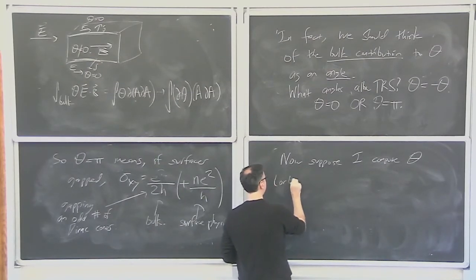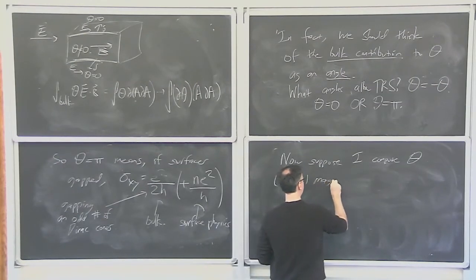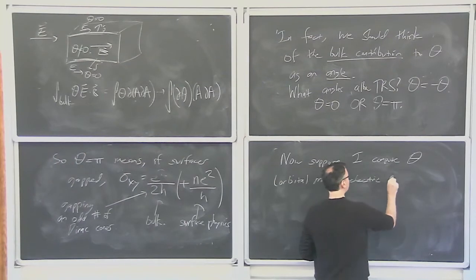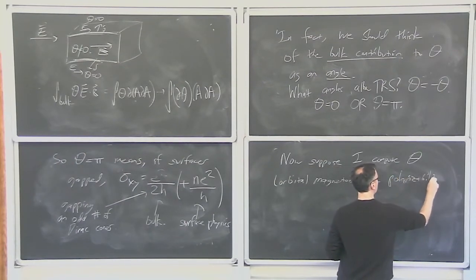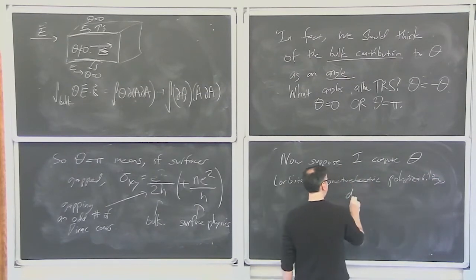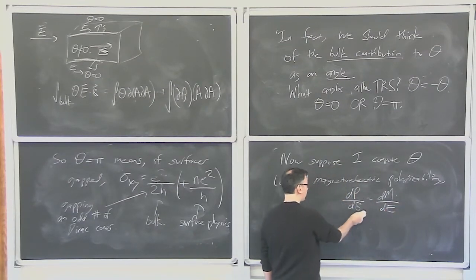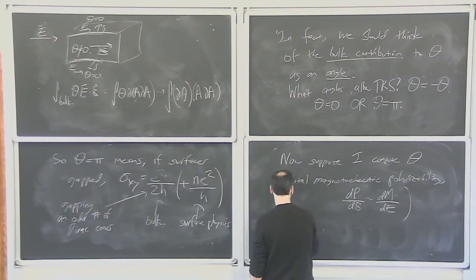So theta is, I think the precise term should be orbital magnetoelectric polarizability, which is like either dP by dB, and that's simply related to dm by dE, magnetic moment electric field or polarization magnetic field, for a band insulator.